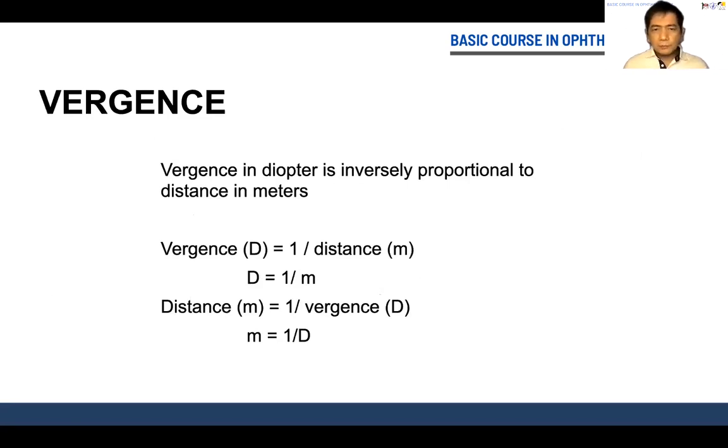So vergence in diopters is inversely proportional to distance in meters. If you are trying to get the vergence, the formula is D equals 1 over the distance.